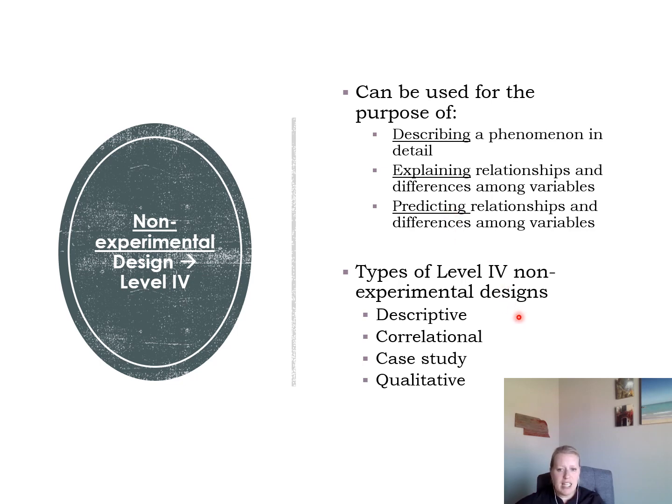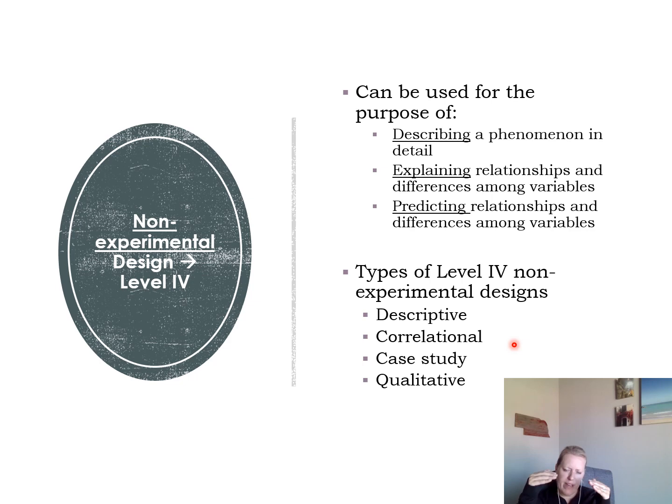Types of designs are descriptive, so just think of them as describing. Correlation, all right, so they're looking to see if they have relationships. If this is high, is this high or is this low? So if someone drinks a lot of Pepsi throughout the day, do they have better sleep or worse sleep? So that's kind of a correlational.